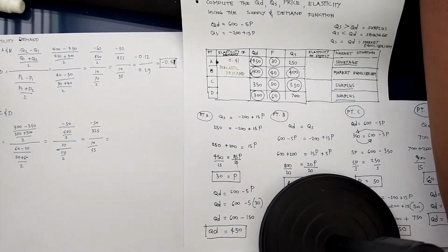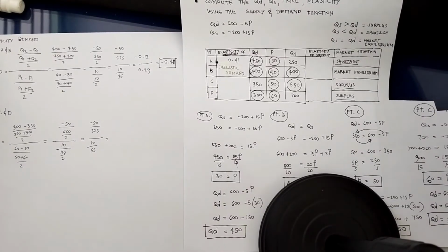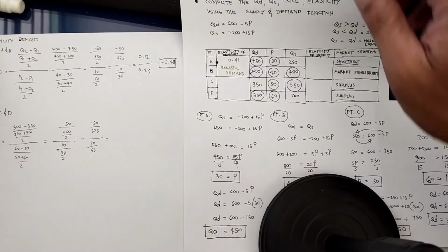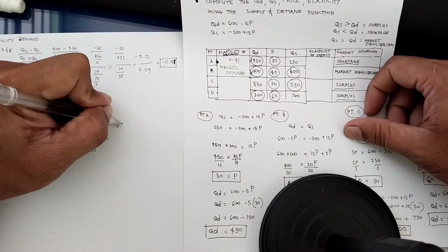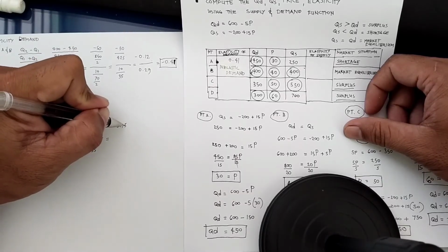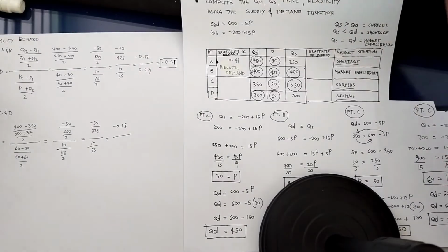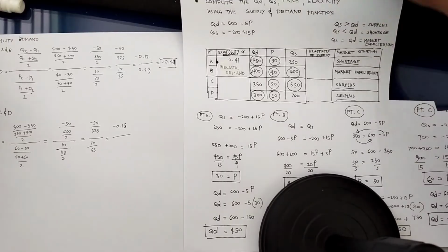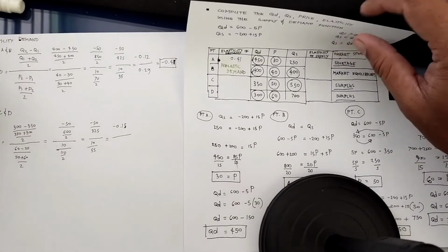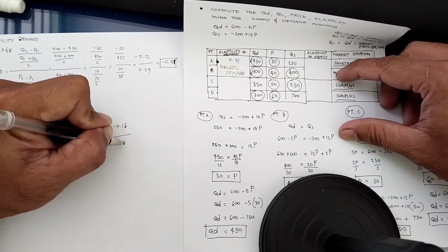So negative 50 divided by 325 equals negative 0.15, over 10 divided by 55, which is 0.18.